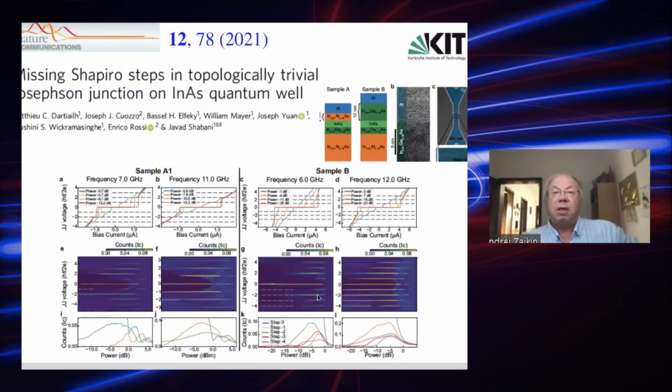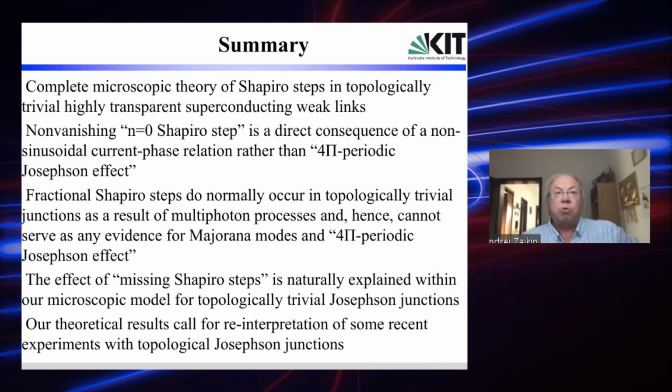And then finally, this is the last slide: approximately at the same time we did this paper, there appeared an experimental paper where people observed missing Shapiro steps, also in topologically trivial Josephson junctions, which strongly supports our arguments. So let me come to my conclusion.